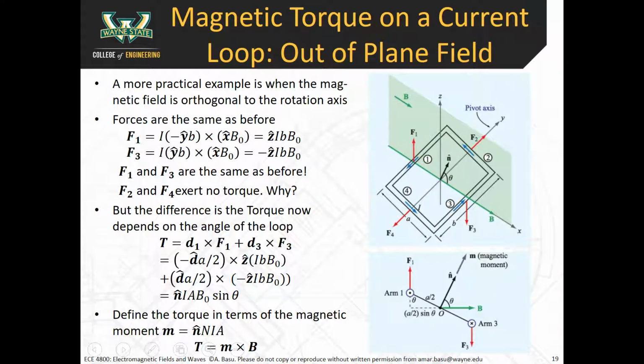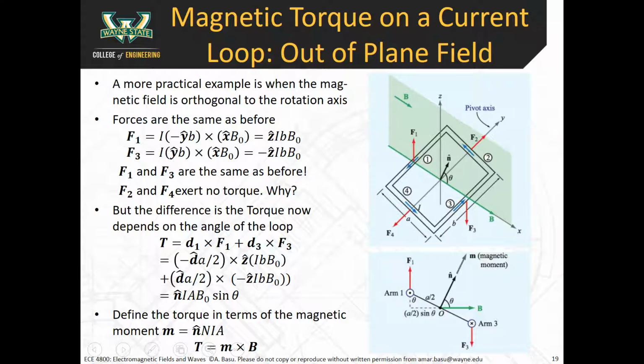So that's where this sine term comes from, okay? I just want you all to know that this derivation is exactly the same as the previous slide. The only change in the torque now is the sine term, okay? Sine of theta is the angle the loop is at currently.